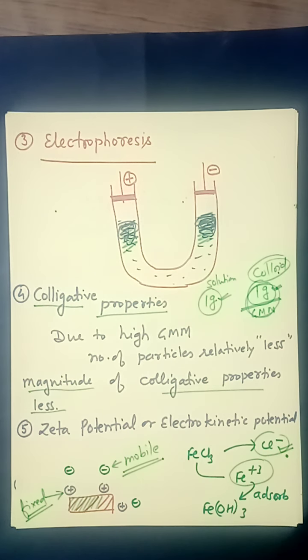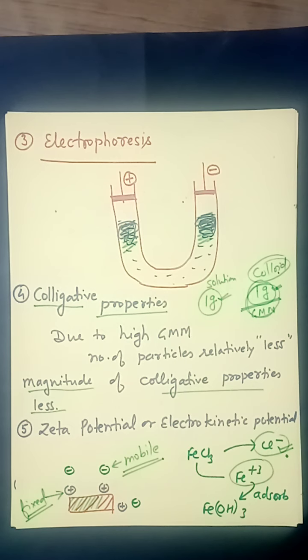So a simple question you may be asked here: what is zeta potential or electrokinetic potential? You will write, it is the potential difference between the fixed layer and the mobile layer of a colloid.